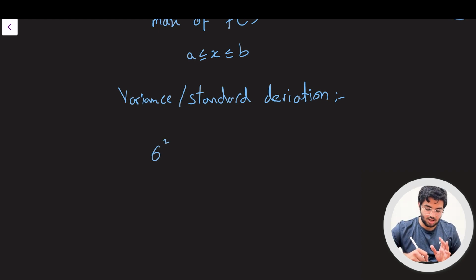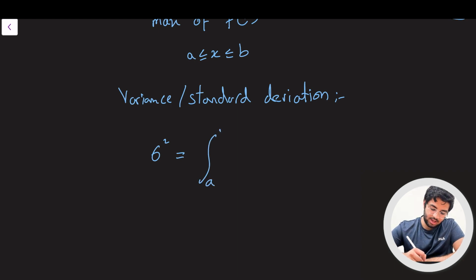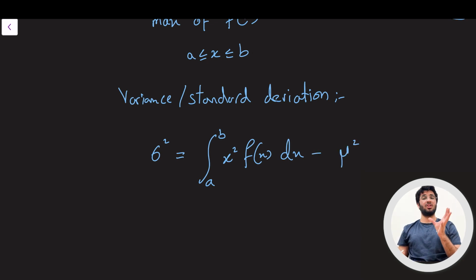The variance, or sigma squared, is equal to the integral from a to b, from start to finish, of x squared f of x dx, take mu squared. Notice how it's very similar to the formula for the variance and standard deviation for discrete random variables as well. We had a sigma and we had x squared and we had mu's and stuff.